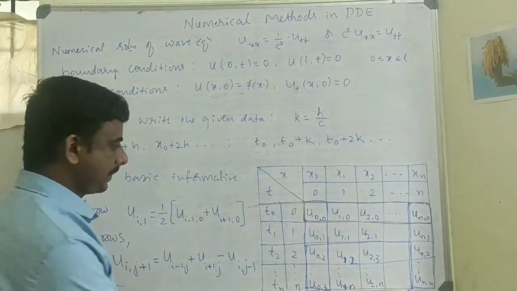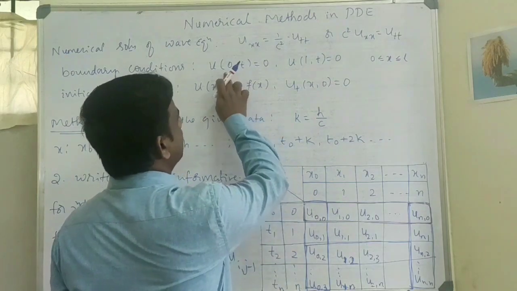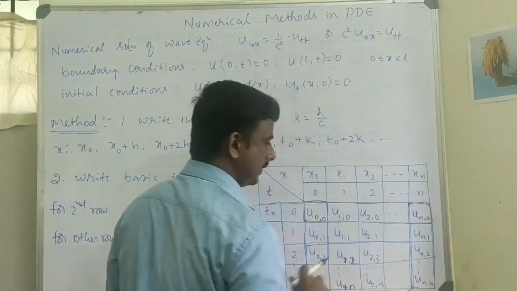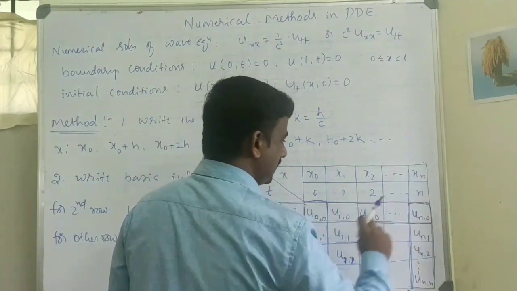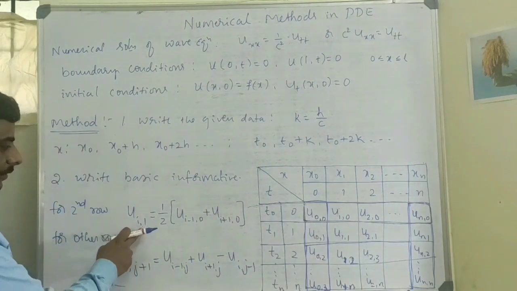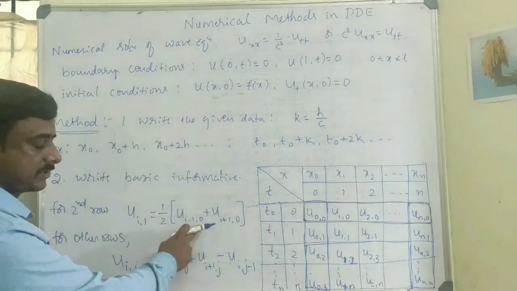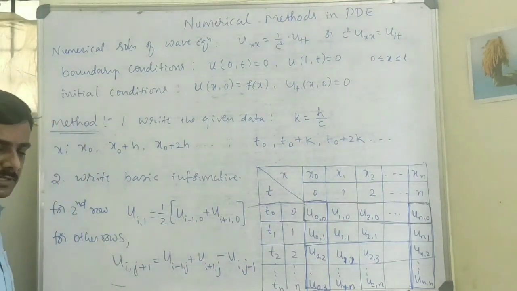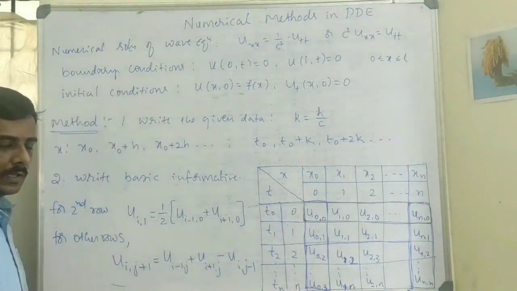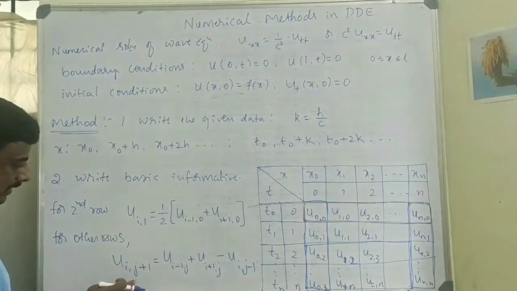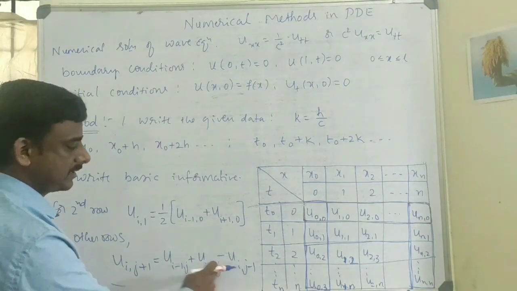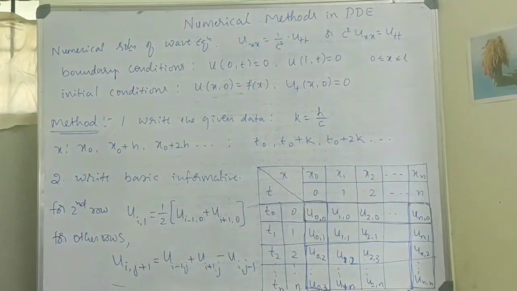So I'll repeat once again. Usually, if you are given u of 0, t equal to 0 and u of l, t equal to 0, then first and last column will be 0. To find entries in first row, you have to use the initial condition. For the second row, use the formula u i,1 equal to 1 by 2 into u i minus 1,0 plus u i plus 1,0. For entries in other rows, you have to use the formula u i,j plus 1 equal to u i minus 1,j plus u i plus 1,j minus u i,j minus 1.